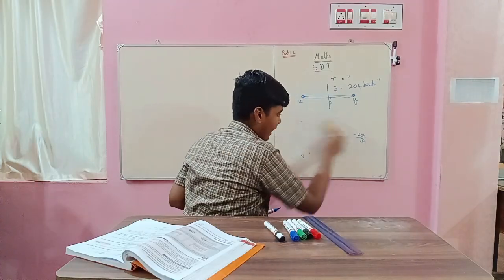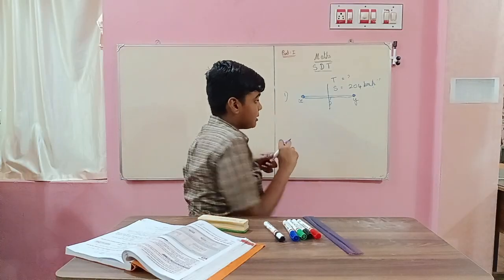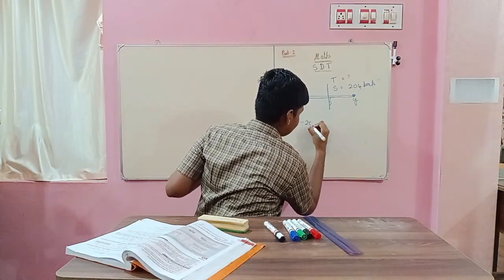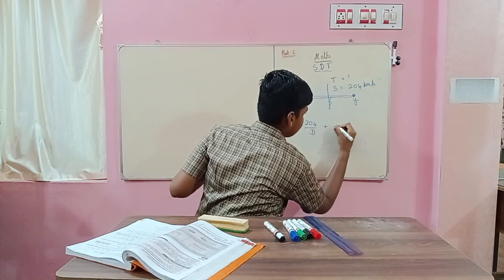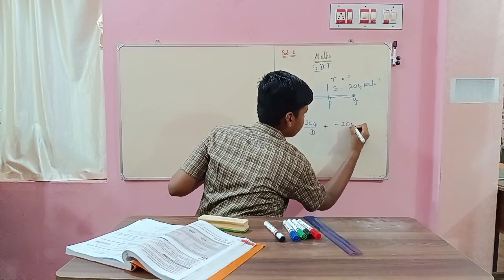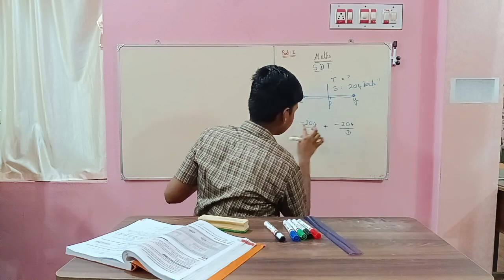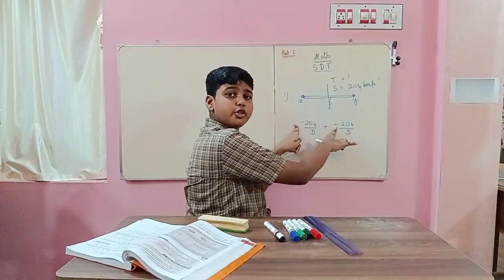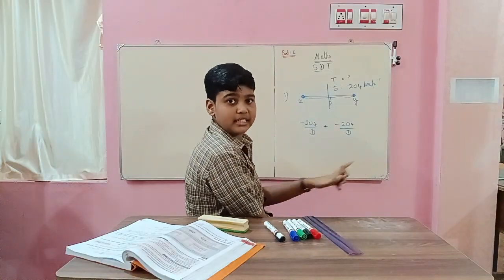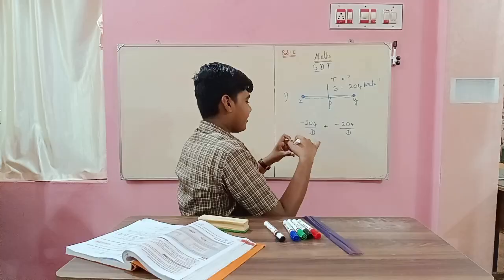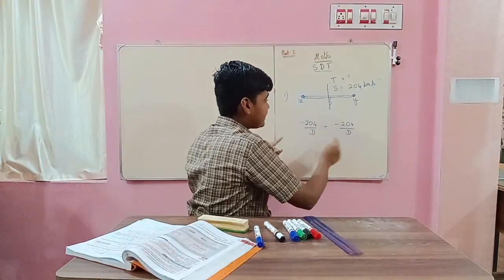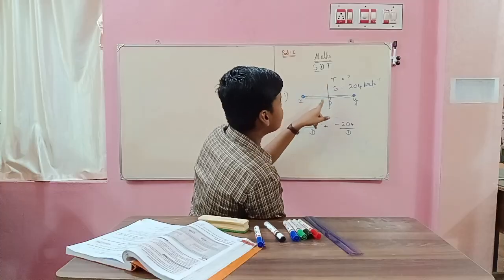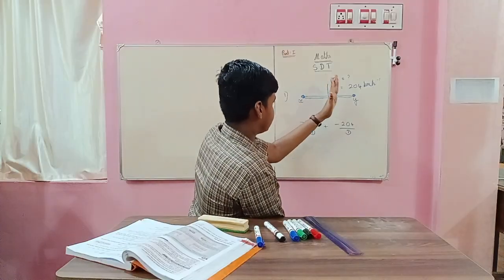Now to add, you need to be careful. Minus 204 by d plus minus 204 by d. What you should do? Add both and put the minus sign. Here you may get confused: why the same things? Because these are equal distances.